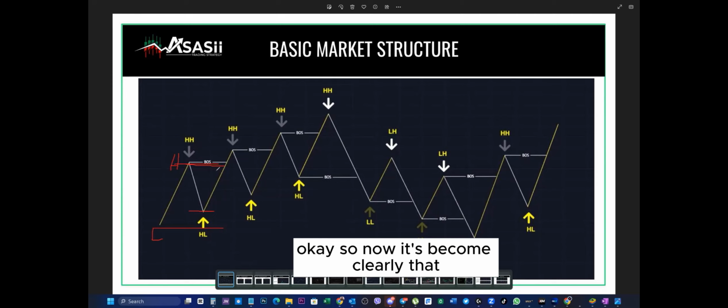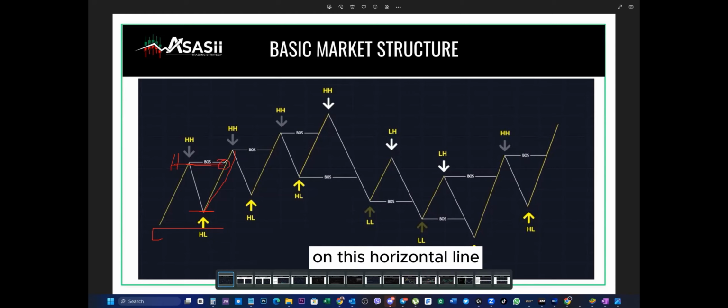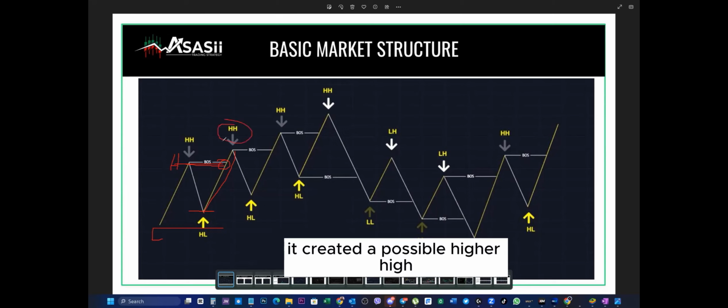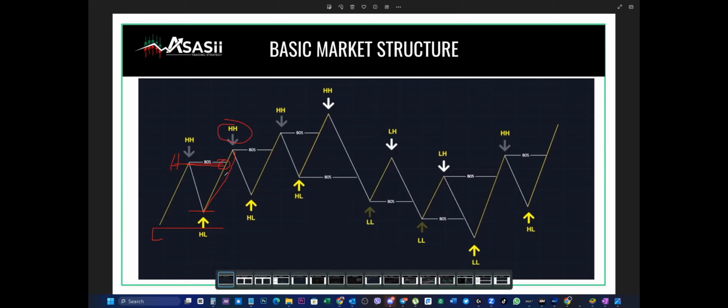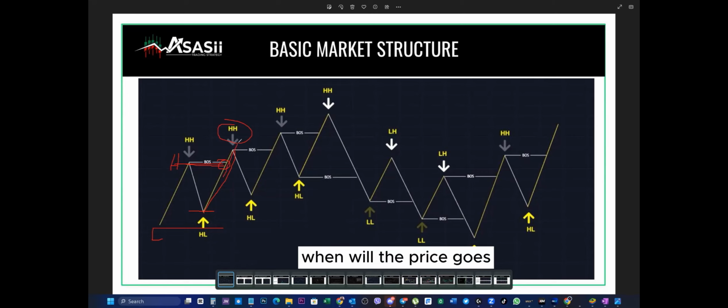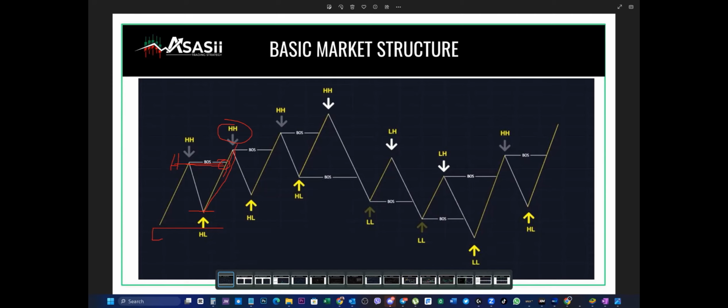Okay? Now it becomes clear that after the price breaks this horizontal line, it created a possible higher high. After that, ask yourself, saan pupunta ang price? Where will the price go?